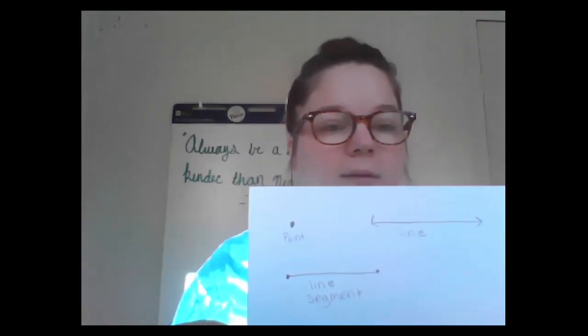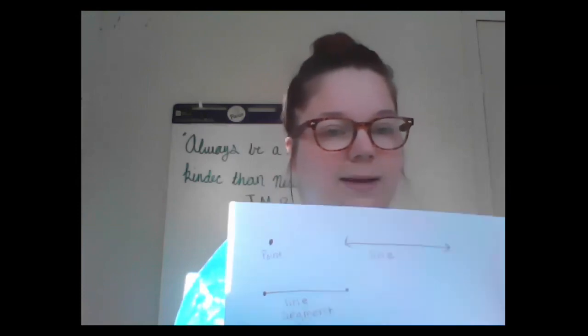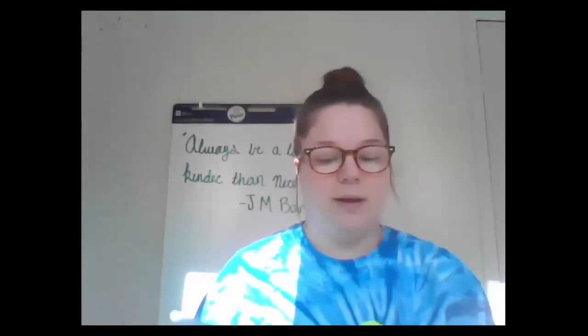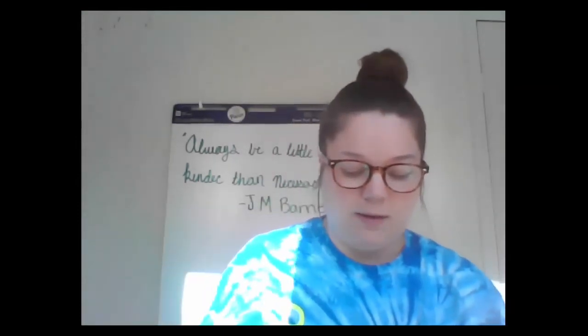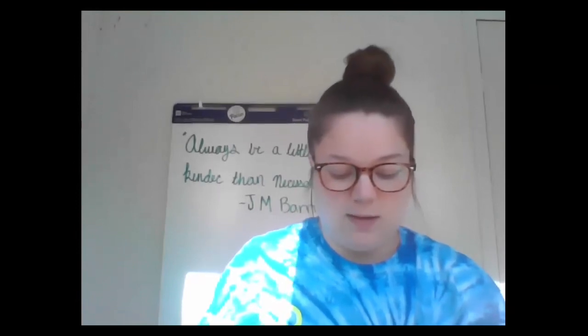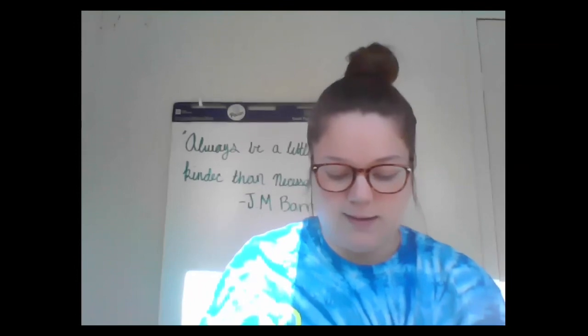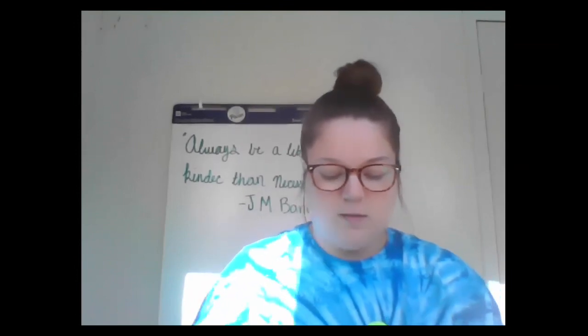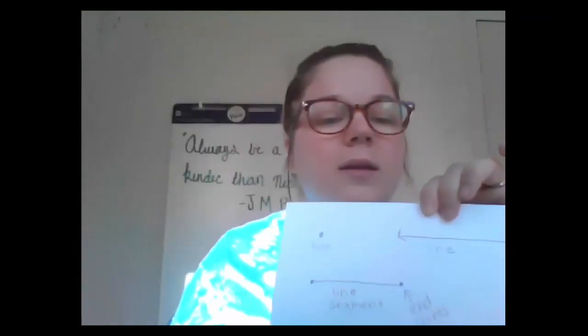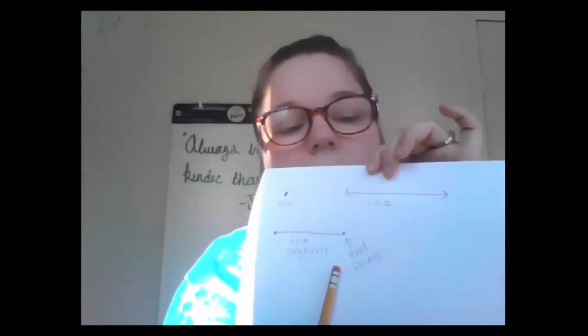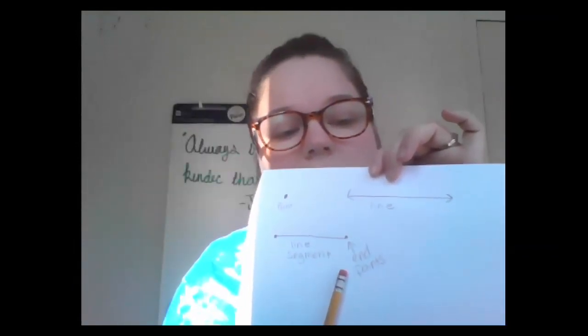Now, the points that are on either side of our line segment are called our endpoints. They are called the endpoints because they come at the end, obviously, of our line segment.